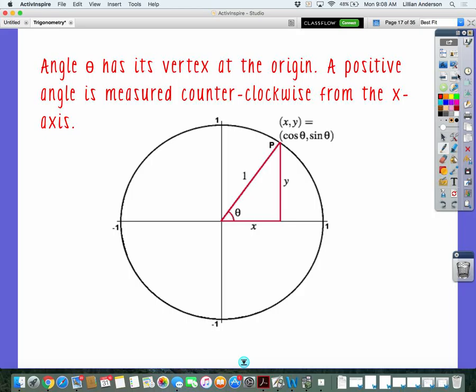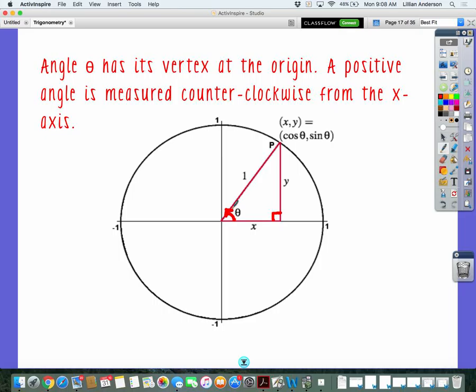Okay? So if you're given an angle or a right triangle, the angle is measured from the x-axis heading in the counterclockwise direction. Okay? Then wherever that hypotenuse is, we represent technically the radius of this unit circle.